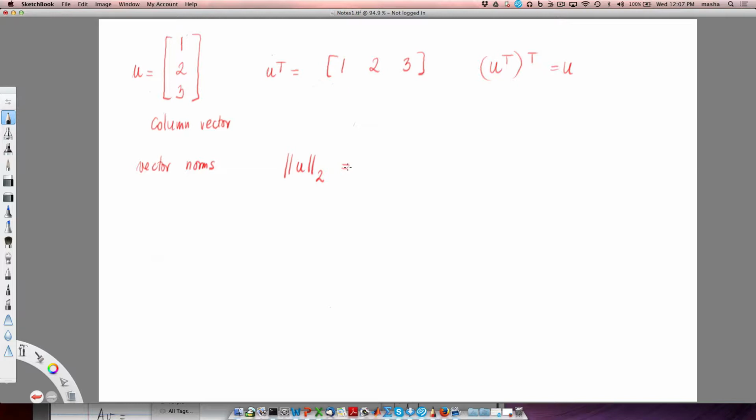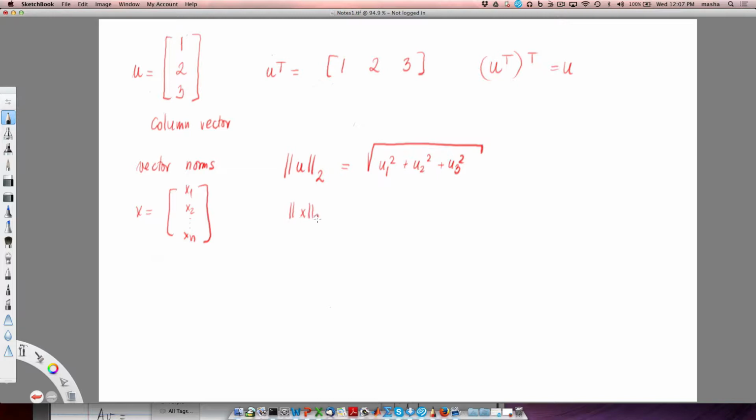Okay, so the formula goes like this. If this is my U1, U2, U3, I basically take squares of all of those numbers, sum them up, and then take a square root. This would be in 3 dimensions, but I can do this in general for x vector that has x1, x2, all the way to xn.